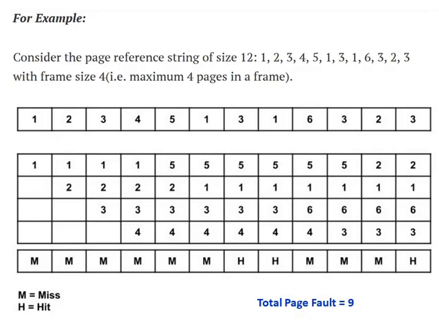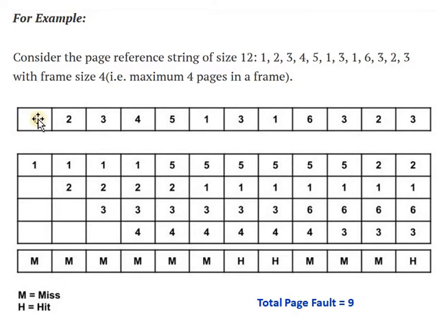See this example. Consider the reference string as 1 2 3 4 5 1 3 1 6 3 2 3, and consider your memory frame size is 4. That means a maximum of 4 pages in a frame.